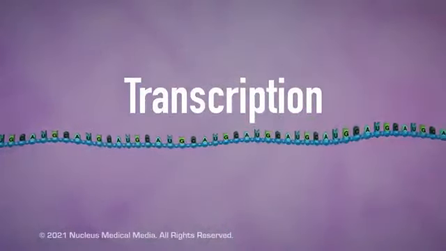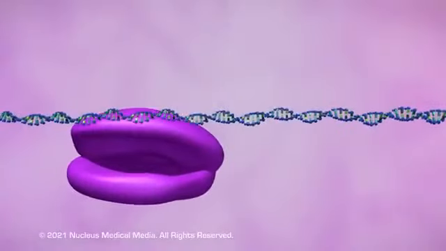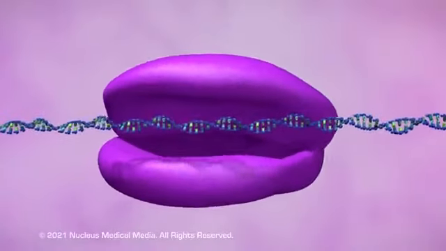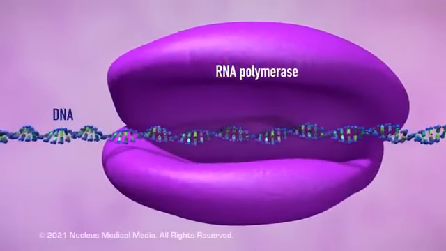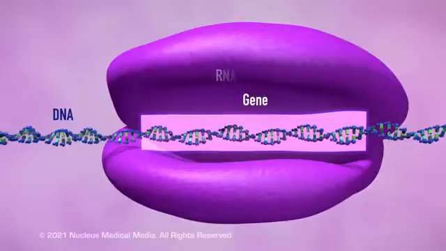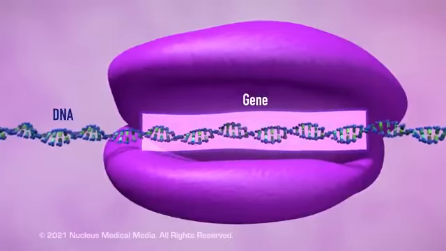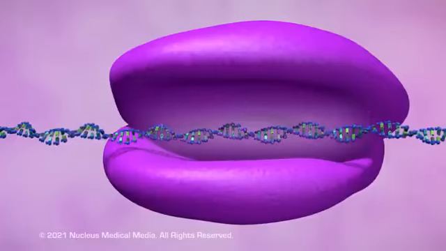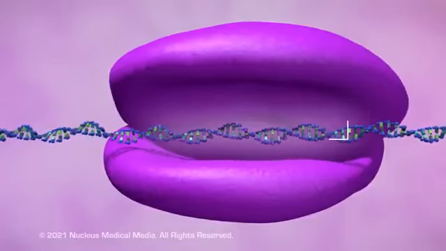Now, let's see how transcription happens. Transcription begins when an enzyme called RNA polymerase attaches to a segment of DNA called a gene. A gene contains the code to build a specific protein, which is a macromolecule made up of a sequence of amino acids in a specific order.